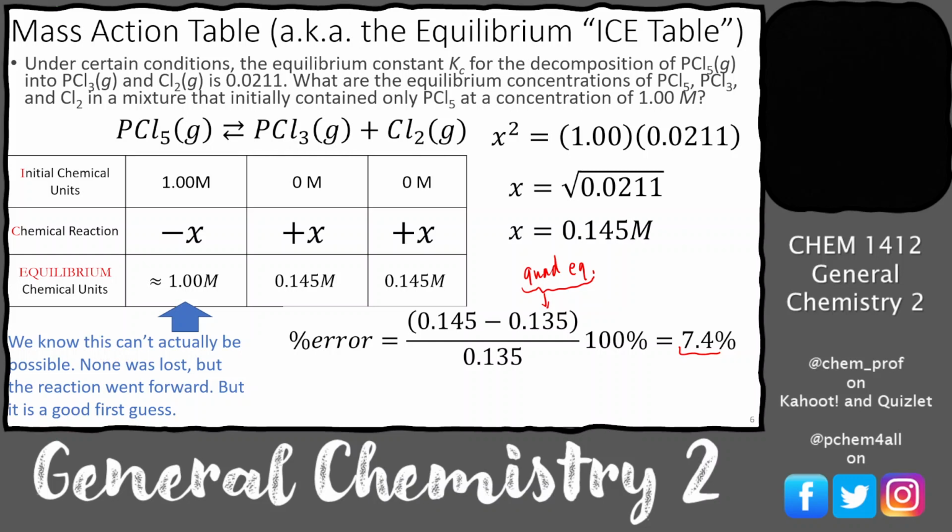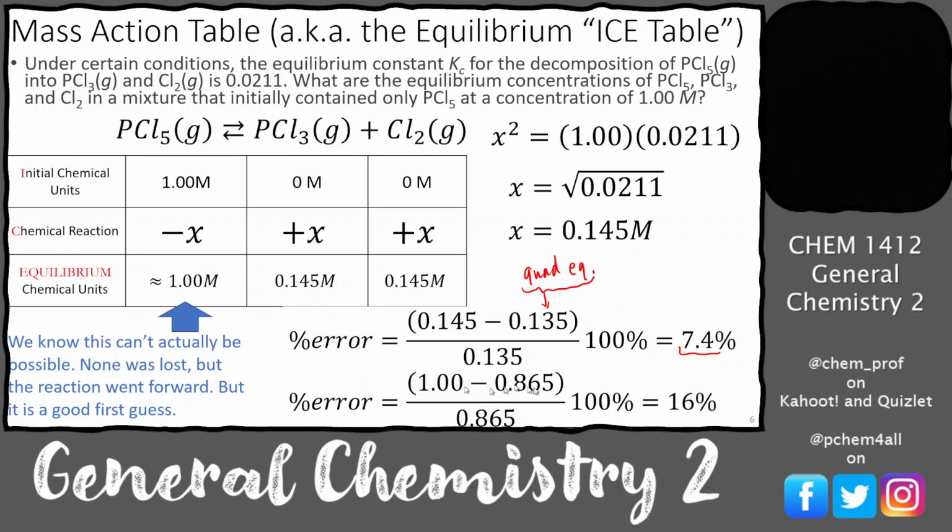When we get into acids and bases, these equilibrium constants are going to be times 10 to the minus 5, times 10 to the minus 7, times 10 to the minus 8, really, really less than 1. And so this rock solid assumption will be good. So 7.4% error in the PCl3 concentration and the Cl2 concentration. What's the percent error in the PCl5 concentration?